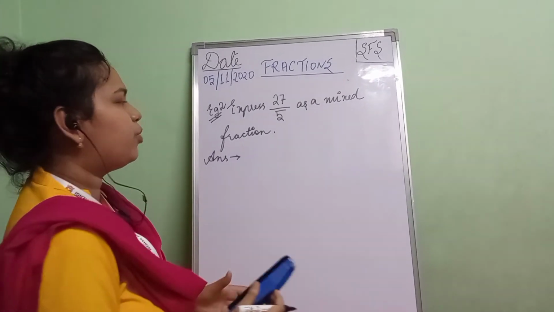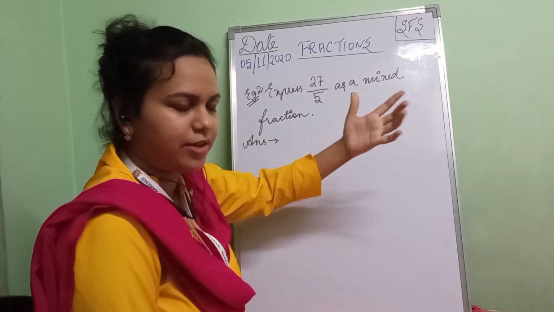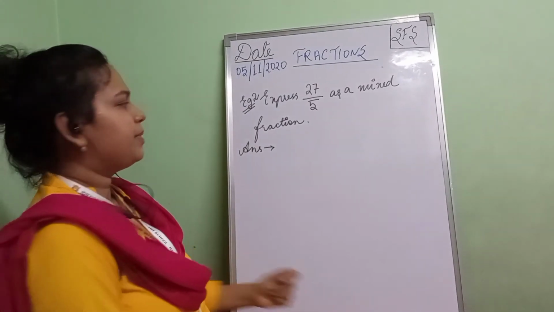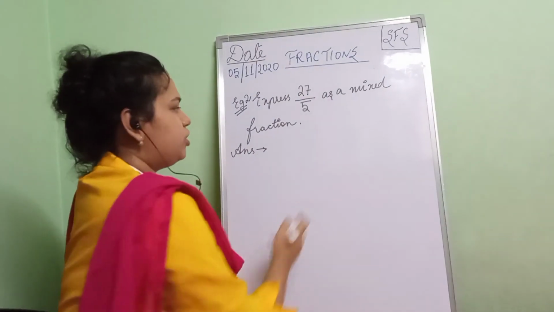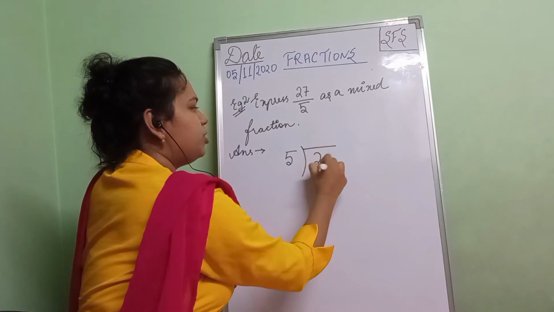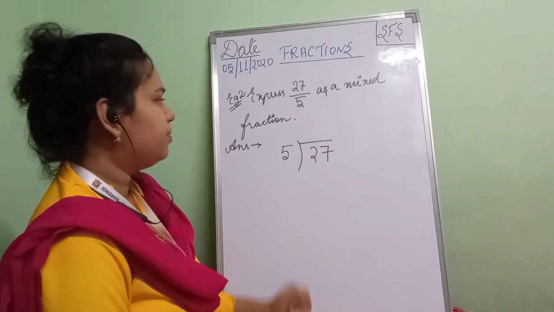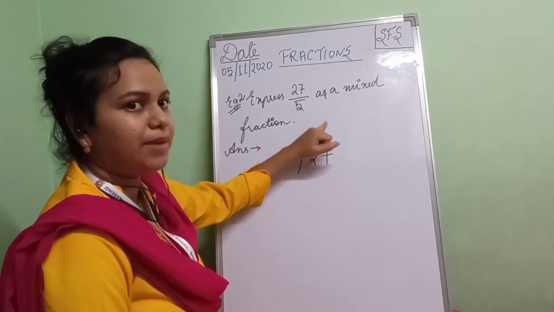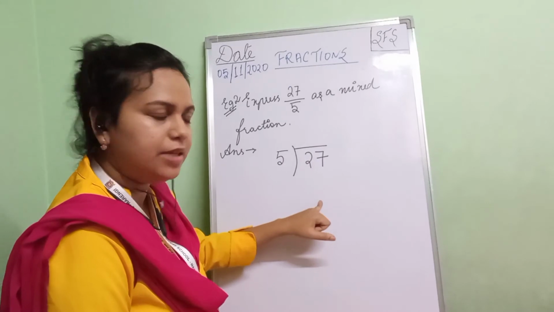You have to express 27 by 5 as a mixed fraction. How will you do that? First, divide 27 by 5 using long division. How do you do that? Use the long division method. Alright? Now, afterwards, what will you do? You know that 5 multiplied by 5 is 25, and 5 into 6 becomes 30.